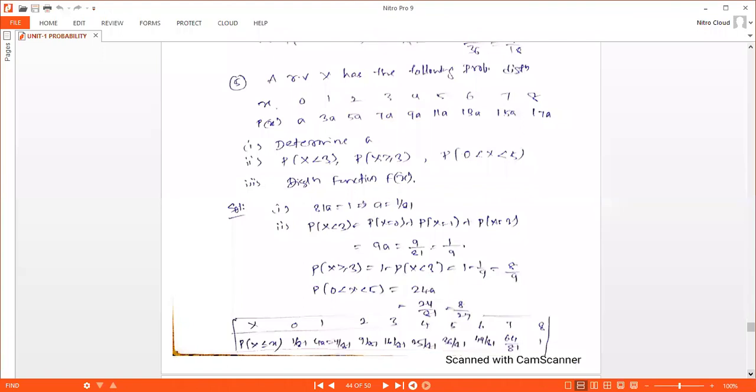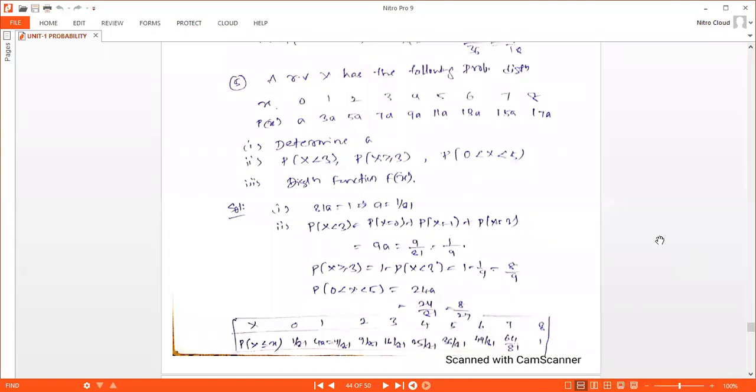Similarly, solve all the values. Write down all the distribution functions. Probability of X less than or equal to 8, last one.